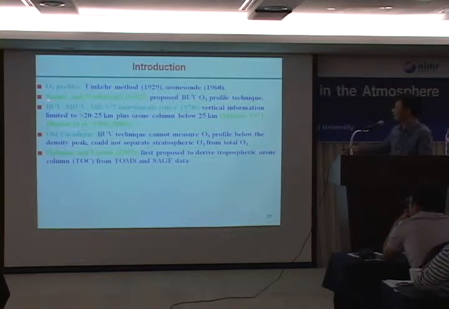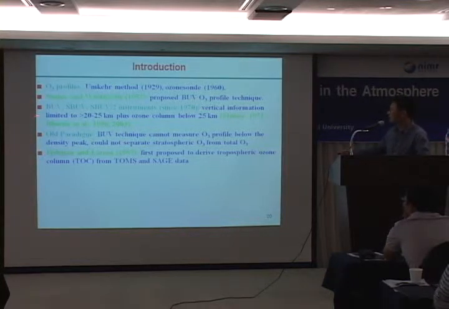From satellite, in 1957, Singer and Wentworth proposed to derive ozone profiles from backscatter UV measurements from satellites. This idea had been realized from a series of BUV and SBUV measurements to measure the profile, vertical information, but mostly above 20 to 25 kilometers, although we can measure the total ozone below 25 kilometers very nicely.